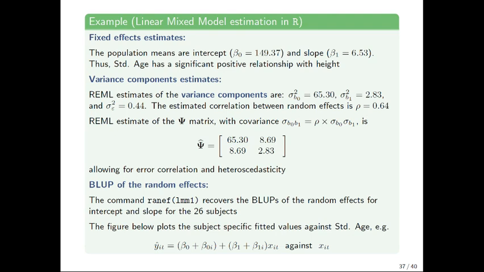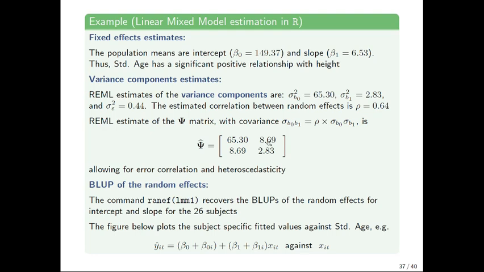So from these, we can form the REML estimate of the psi matrix as shown in the slide. This is it given here, with the covariance computed as the correlation times the product of the standard deviations, given as 8.69 in the two cells here. And this is the structure that allows for error correlation and heteroscedasticity.